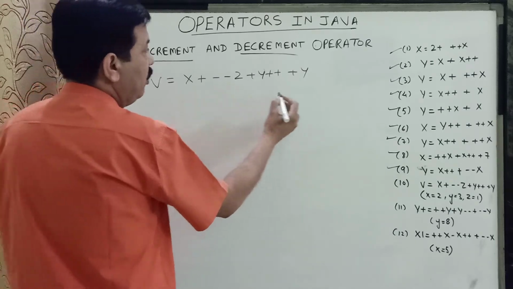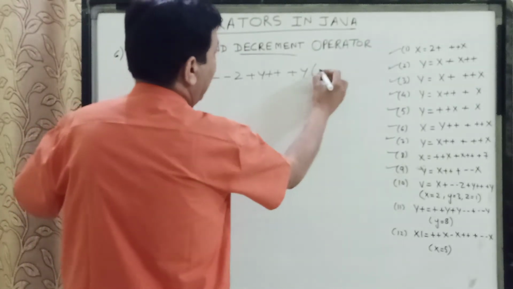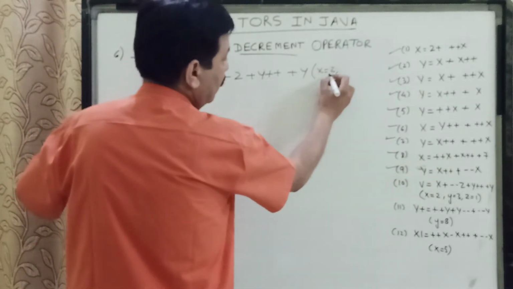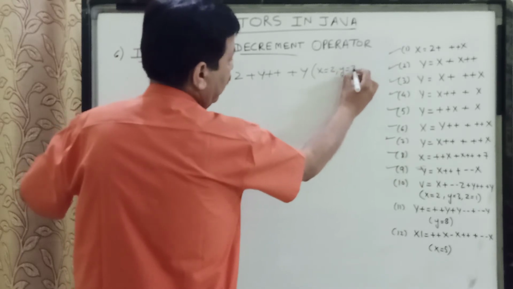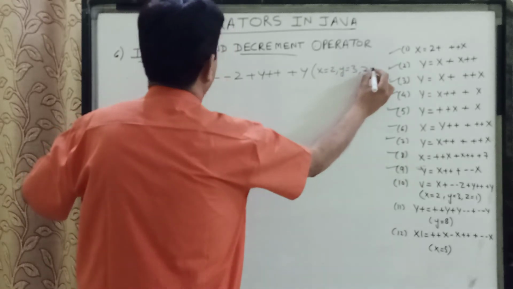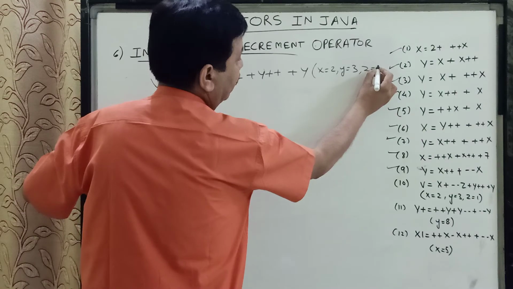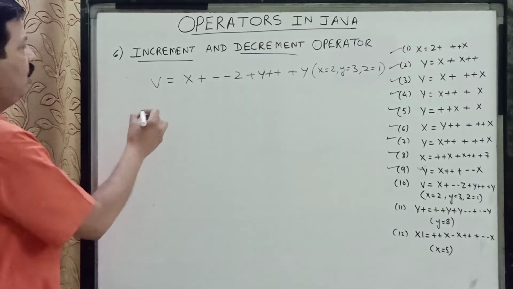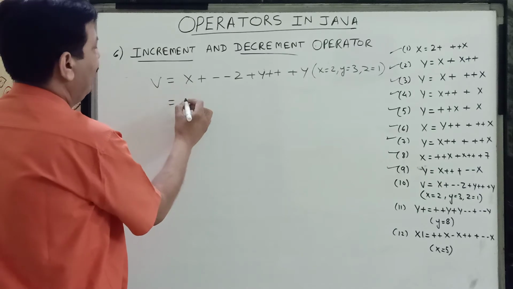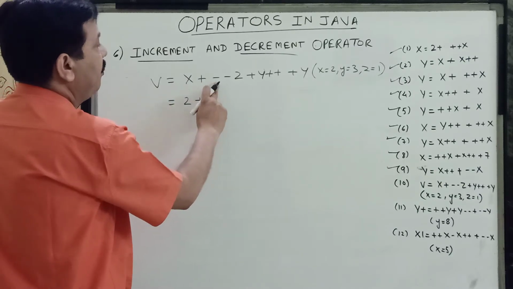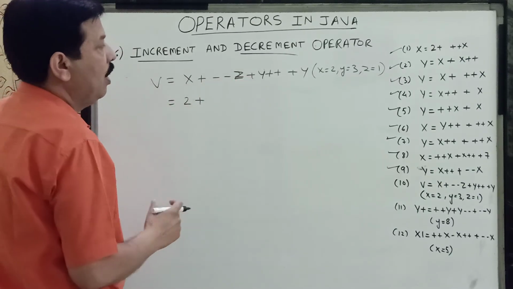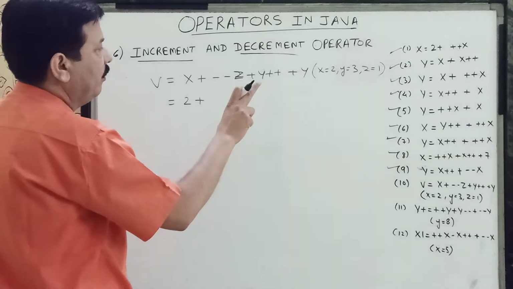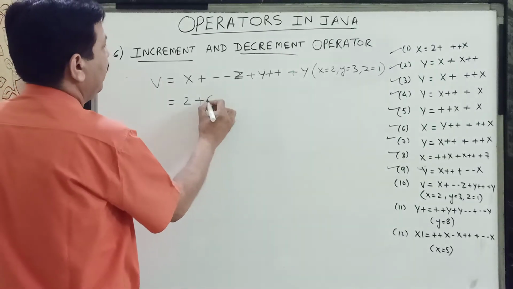The values given are x is equal to 2, y is equal to 3, and z is equal to 1. These are the values given in the board paper. So we will put the value of x as 2. Then it is minus z. Minus z becomes, z is already 1, so it becomes 0.